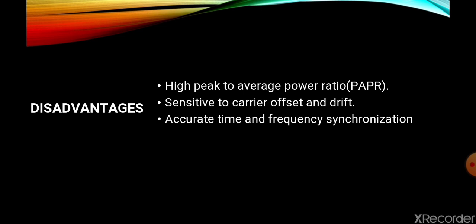It is also sensitive to carrier offset and drift, since the carriers always have to remain orthogonal to each other. If there is any offset, drift, or shift in the frequencies, there would be a loss of data, as they no longer remain orthogonal. Accurate time and frequency synchronization is also required to keep them in place.